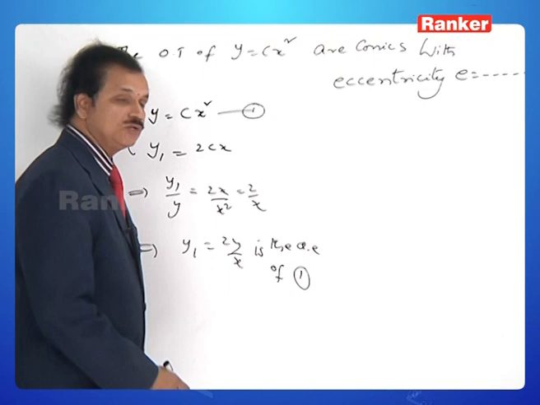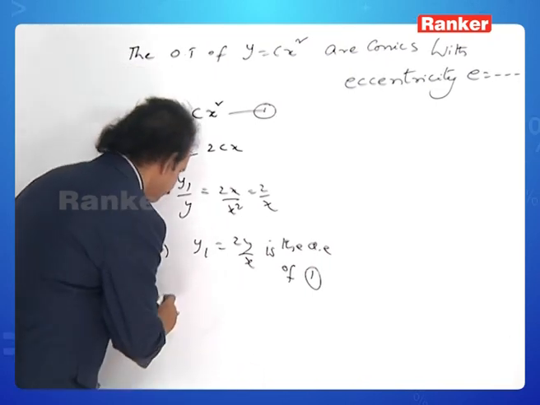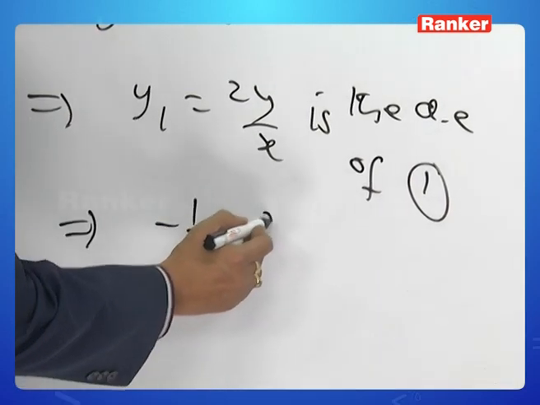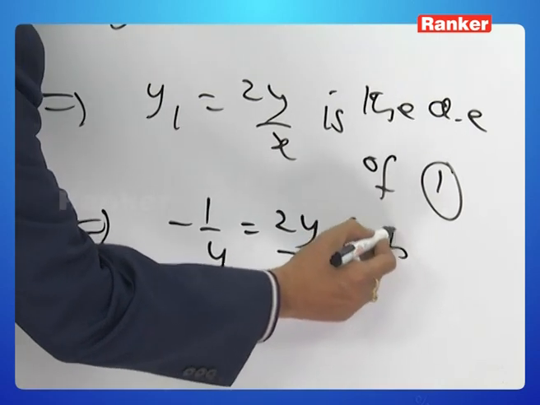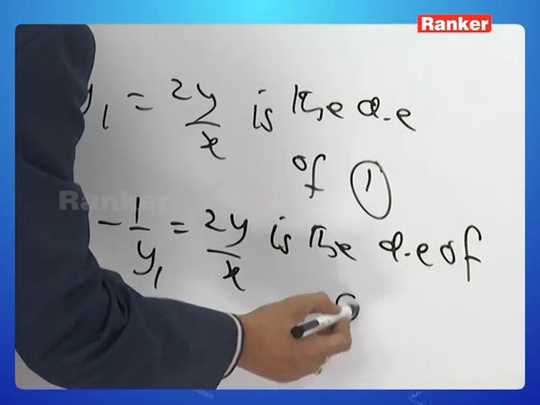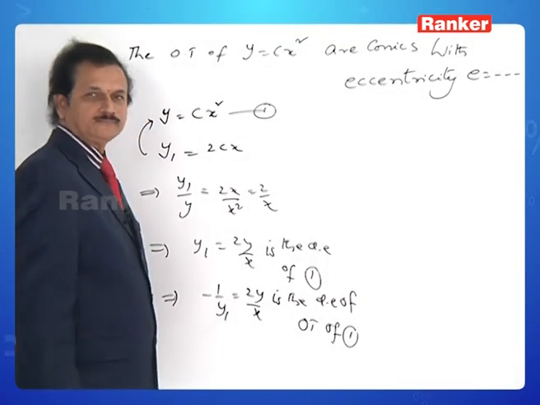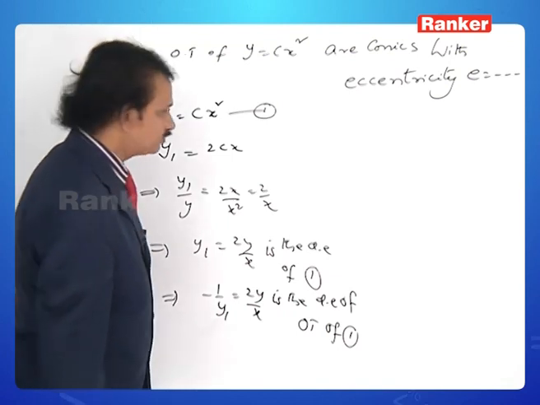What is that? You are supposed to replace y1 by minus 1 by y1. This implies minus 1 by y1 is equal to 2y by x is the differential equation of OT of 1. y1 is dy by dx, 1 by y1 is dx by dy.